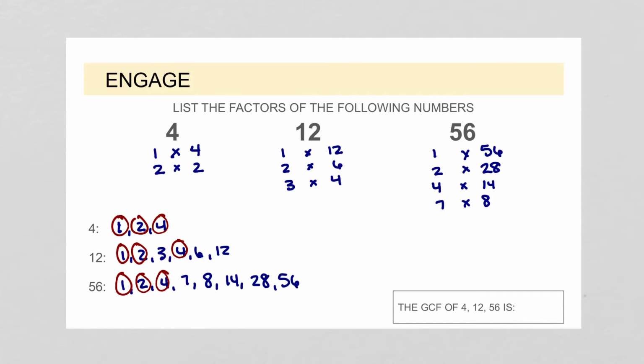All right, so I've listed out all the factors, and then I found all the factors that are common. That takes me down to this last step, where it asks me the GCF of 4, 12, and 56. Well, I see that the biggest one each has is a 4, so I know that my greatest common factor is indeed 4.